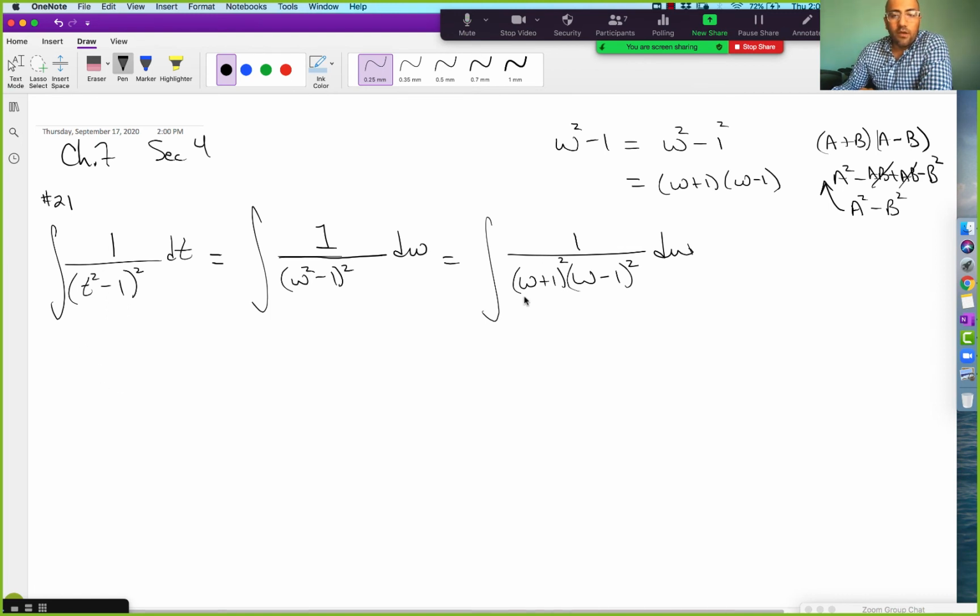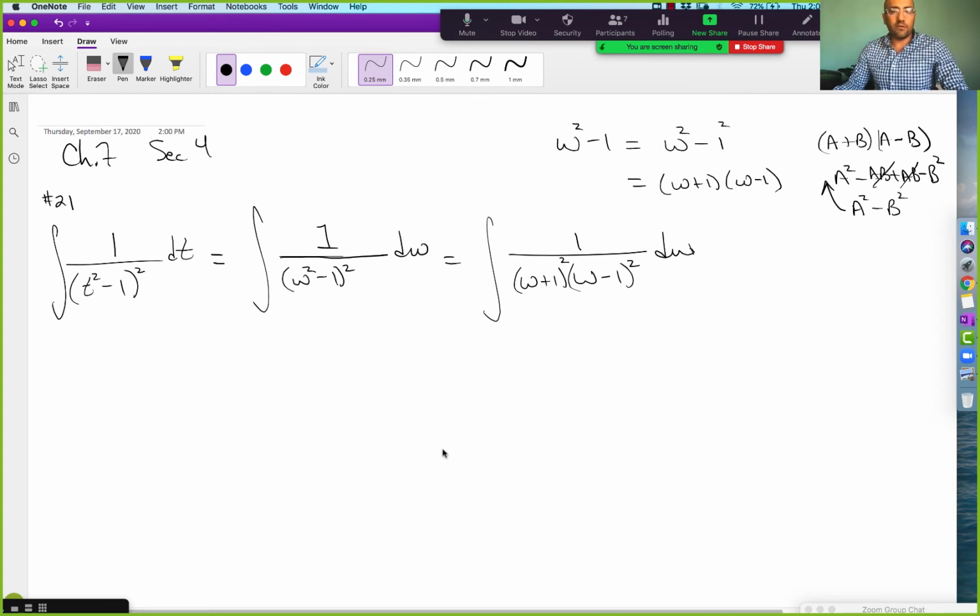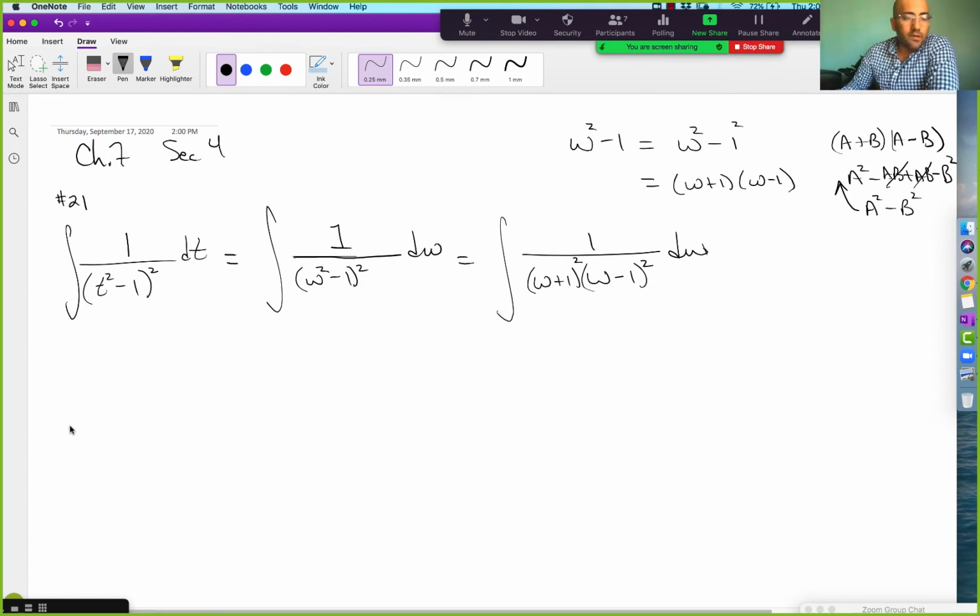Good. Okay, so let's do a little bit of work with this. How do we figure out how to break this up? That is going to be the fun part. Following the rules, luckily these are linear factors. So we have w plus 1 squared and w minus 1 squared, all of that over 1.